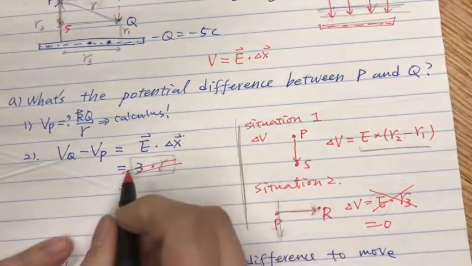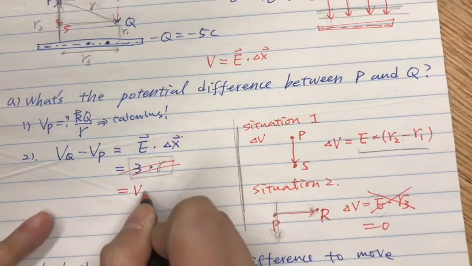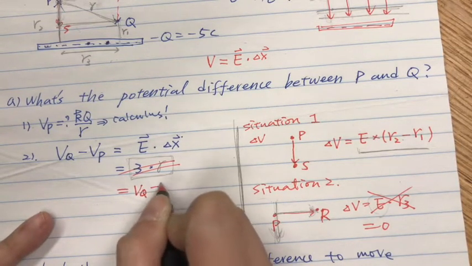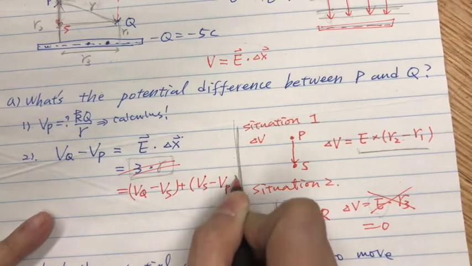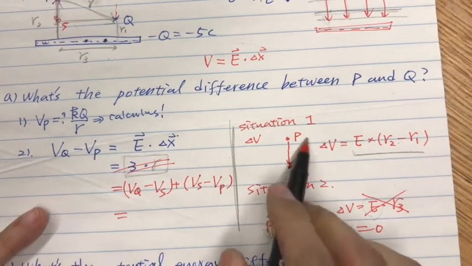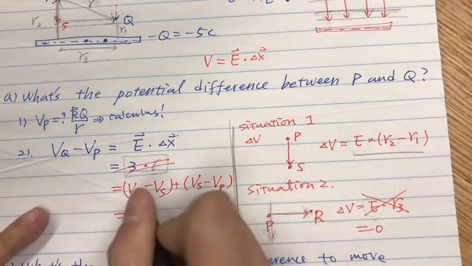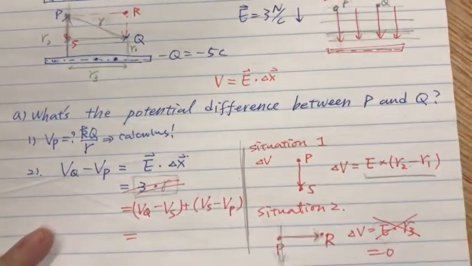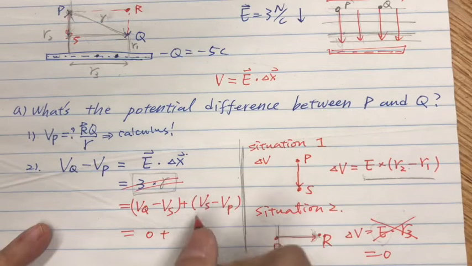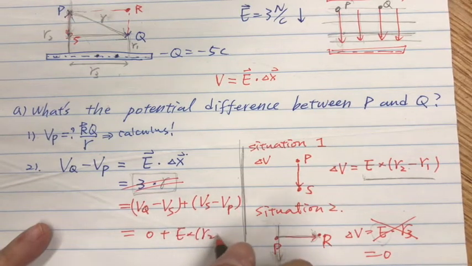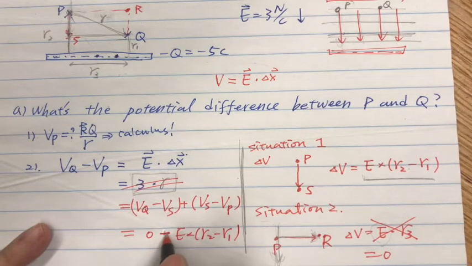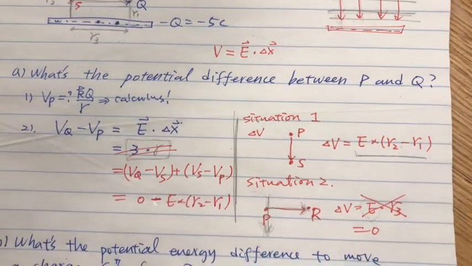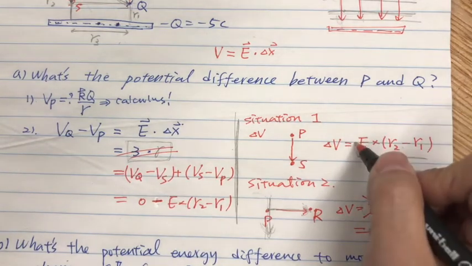So I am moving from Q to S, which is 0, and then from S to P, which is E times R2 minus R1, and it should be negative in this case.